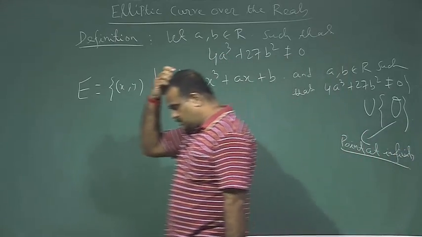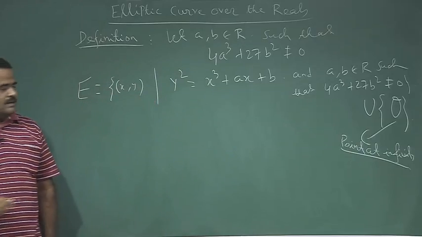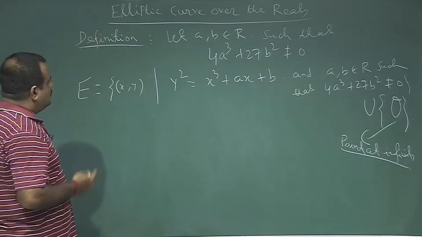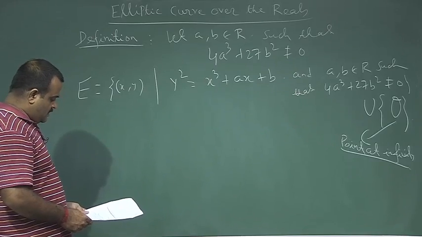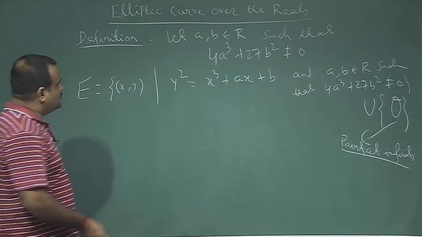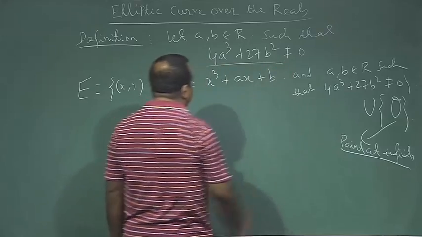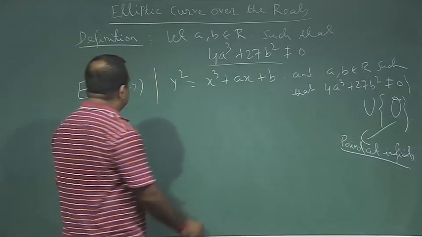This curve is called elliptic curve over R along with this point at infinity, and this condition we require in order to have a non-singular elliptic curve.